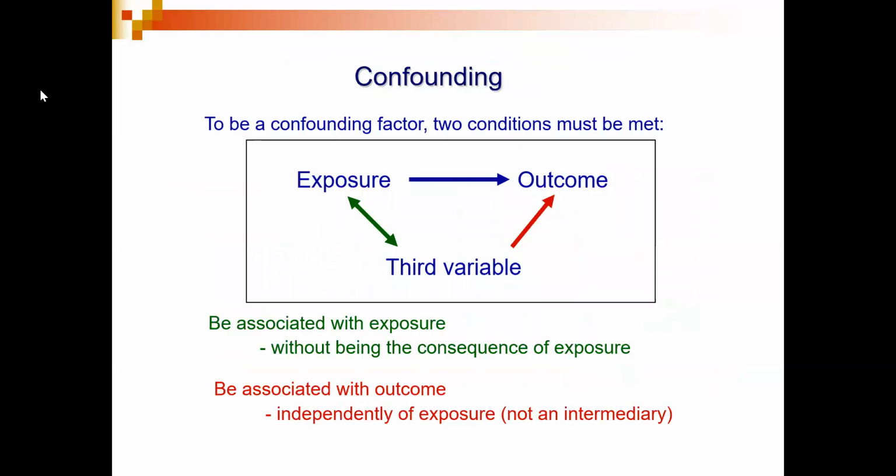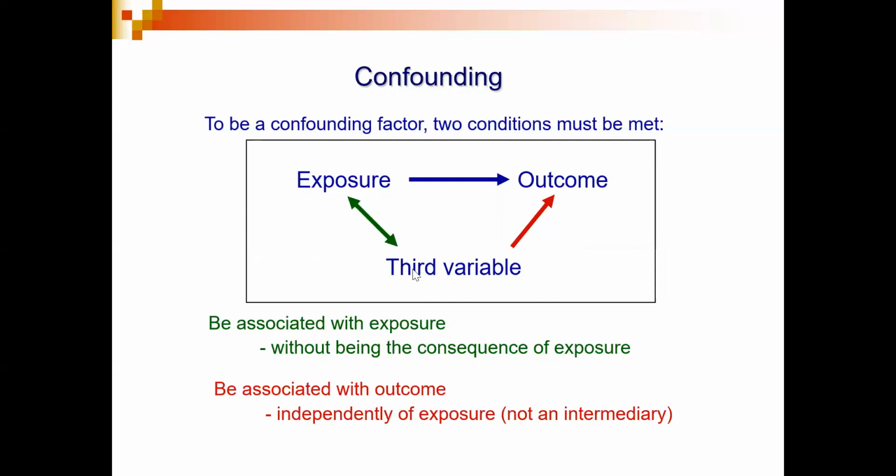So just repeating this same concept, what do you call a confounder? For a variable to be a confounder, two conditions must be met. One, it must be associated with the exposure. And number two, it must also be associated with the outcome.